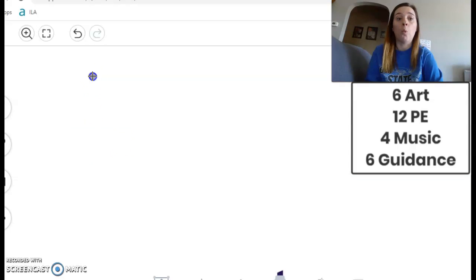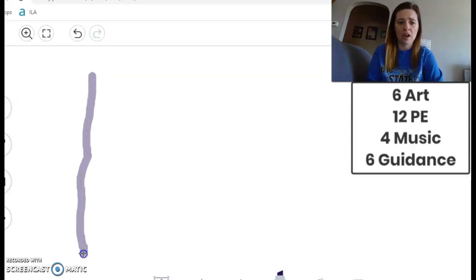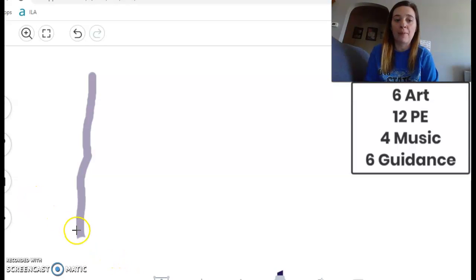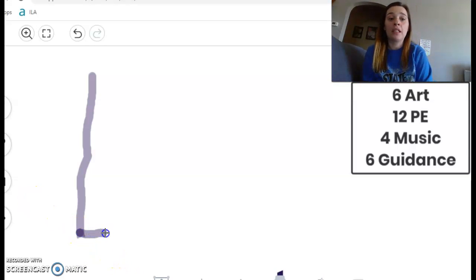So I have to have a y-axis. It's so hard to draw a straight line on here. There's my y-axis. And I'm going to go up a little bit actually because I want room down below so that I can have my categories. Now I need an x-axis.